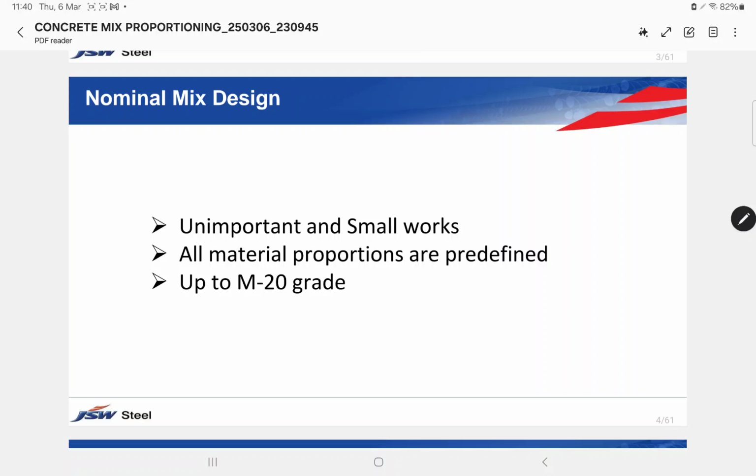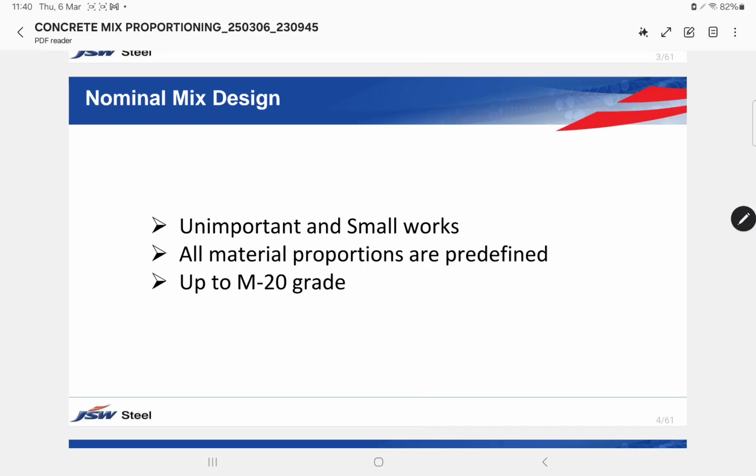What does nominal mix mean? It simply means you have some predefined values of different proportions that you can mix at site, and directly you can use it. And IS specifically mentions that it is not a good idea to use nominal mix concrete for any reinforced concrete structures.